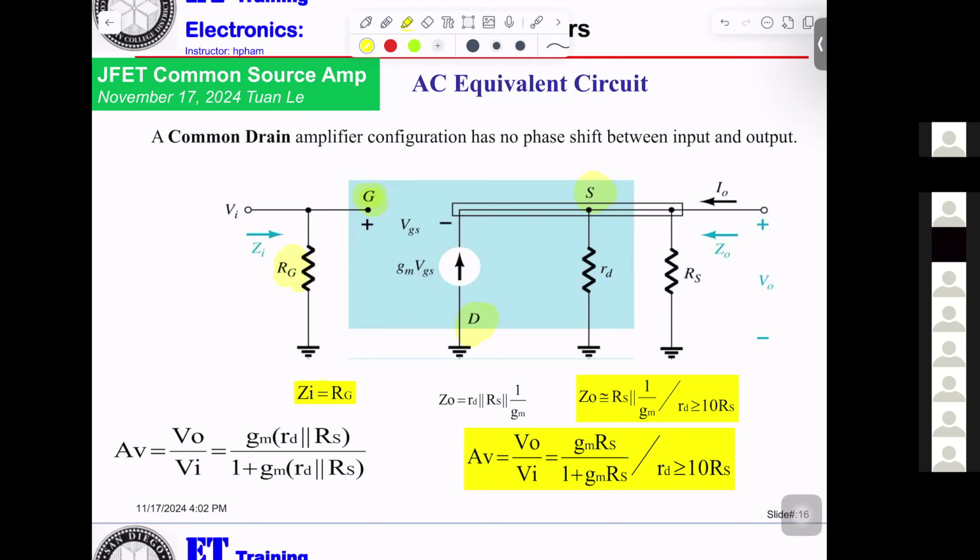Output impedance will be calculated by RS in parallel with 1 over gm. And they also give you the formula to calculate the gain. If you want to calculate, then you just use the formula.